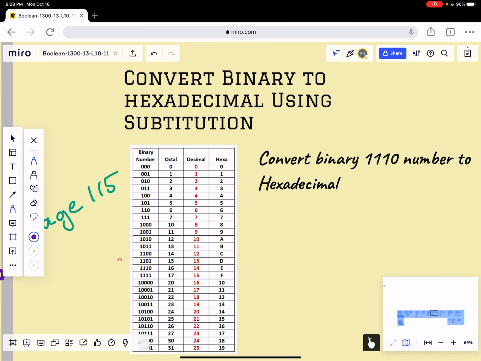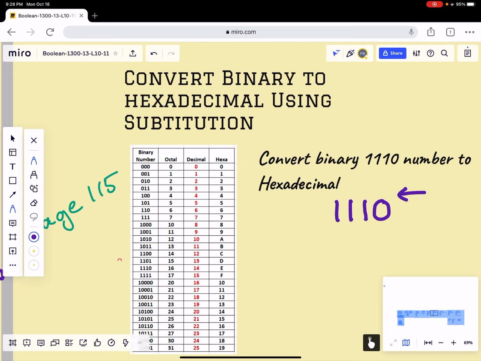Convert binary to hexadecimal using substitution. So now you are given the binary number 1110, and you want to convert to hexadecimal. So make sure that you group 4 digits working from the right to your left.